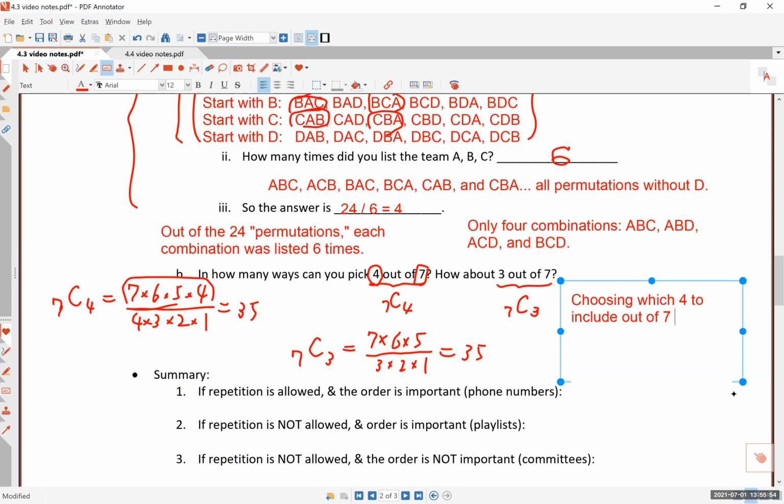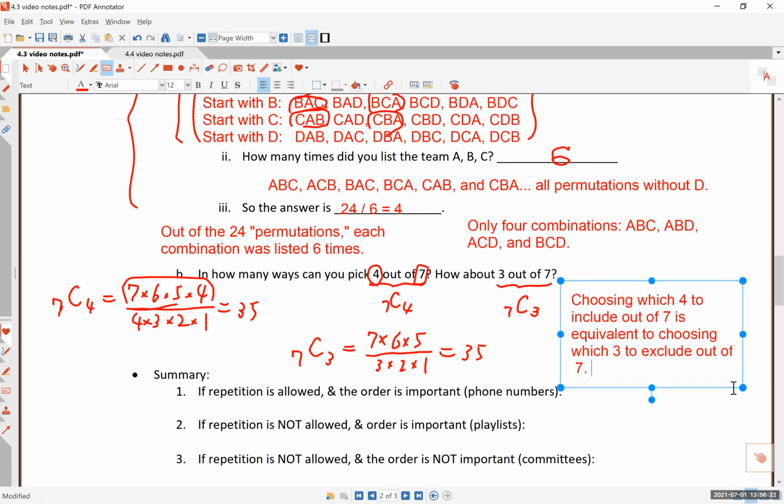That's a question of choosing which 4 to include in the team that would go to Magic Mountain out of 7, right? So choosing which 4 to include out of 7 is equivalent to choosing which 3 to exclude out of 7. Did you get that?